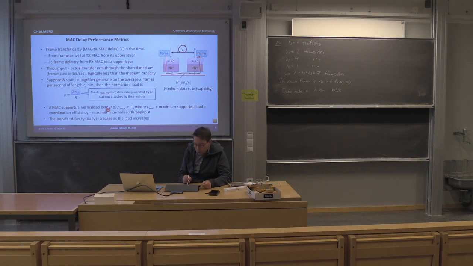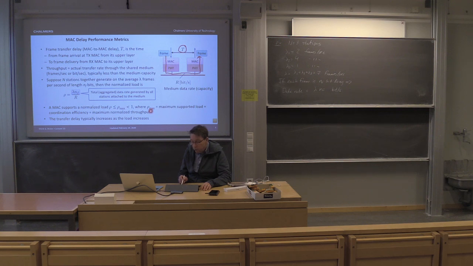It can support all the rho which are less than rho max, and different MAC schemes have different rho max. Rho max is less than 1, because we cannot transmit more bits over the channel than R bits per second. If we take the data rate that we would like to transmit and divide by R, we get a number which is less than 1.